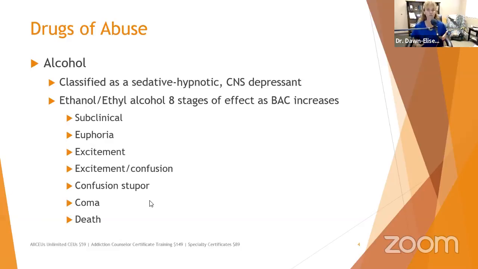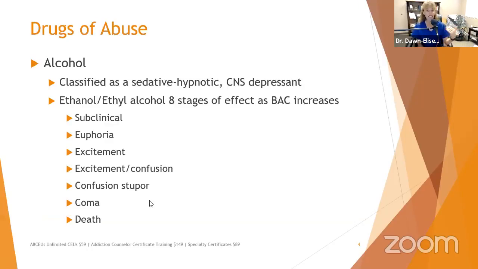So it is important to recognize that alcohol has some really interesting effects in the body. There are 8 stages of intoxication as blood alcohol increases. You have your subclinical, where you're not really feeling much. You have your euphoria, where you're feeling pretty buzzed.